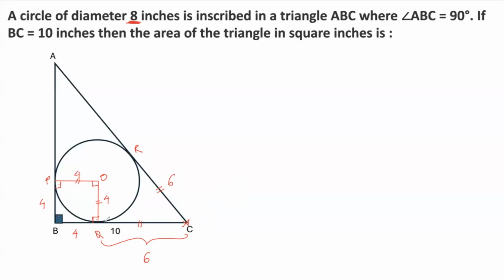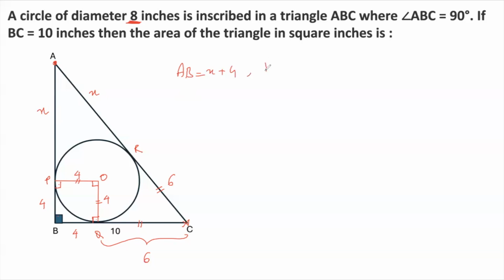So we can see BP and BQ are also equal. And the same logic I can apply for tangents AP and AR. From the point A, I have two tangents drawn to the circle, AP and AR. Let AP be equal to X, AR will also be equal to X. So now, the side AB of the triangle will be X plus 4.